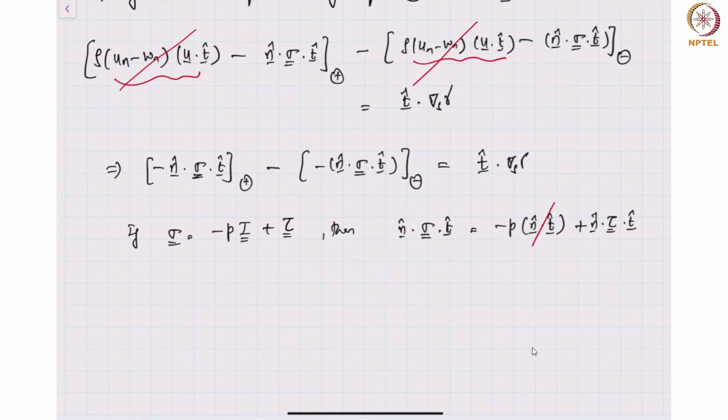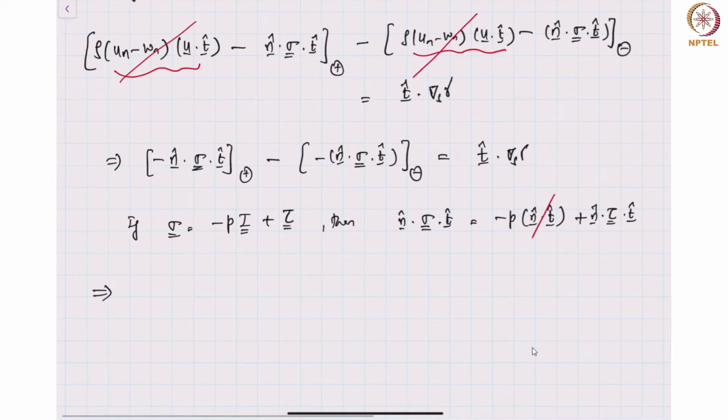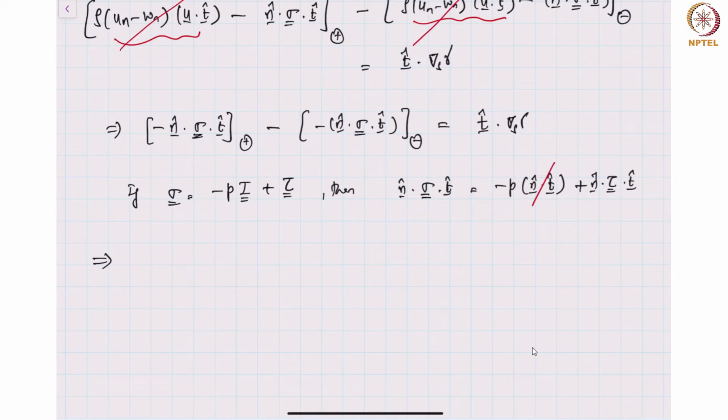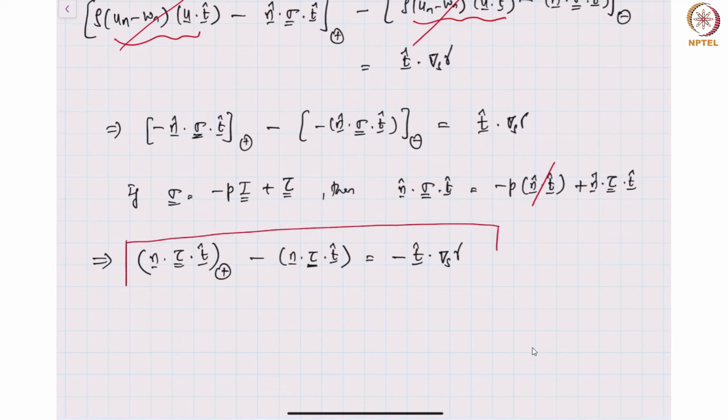Again, the product of normal with the tangent is 0, and therefore I simply get n dot tau dot t on the positive side minus n dot tau dot t on the negative side. I'll take the whole minus sign to the other side, so I have minus t hat dot del s of gamma. This is basically my tangential stress boundary condition.